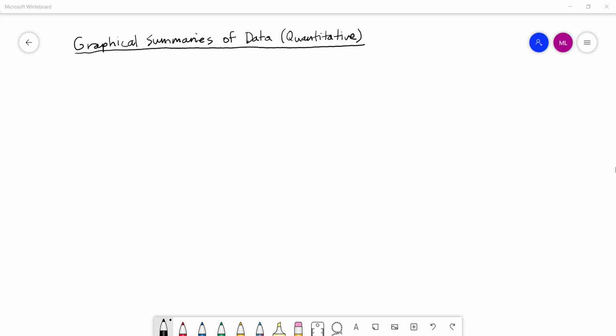Let me just write this down. Quantitative data typically requires an extra step to create the graphical summaries that we're interested in.